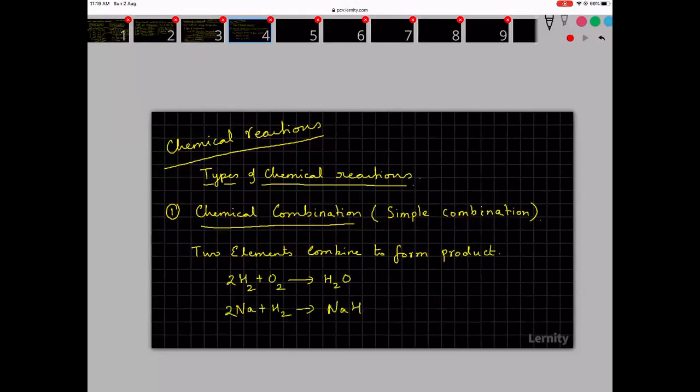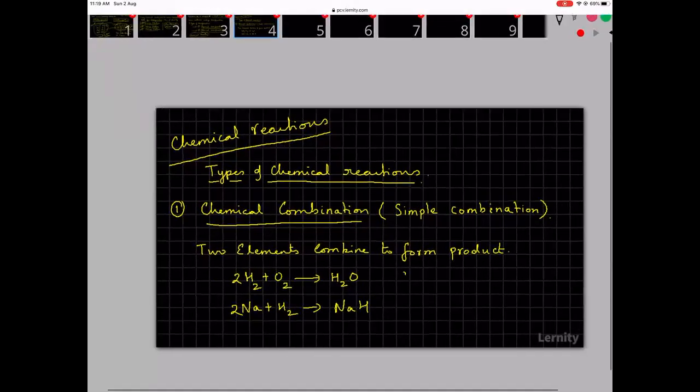So this is a chemical reaction. Carbon plus sulfur will form carbon disulfide. This is carbon disulfide.